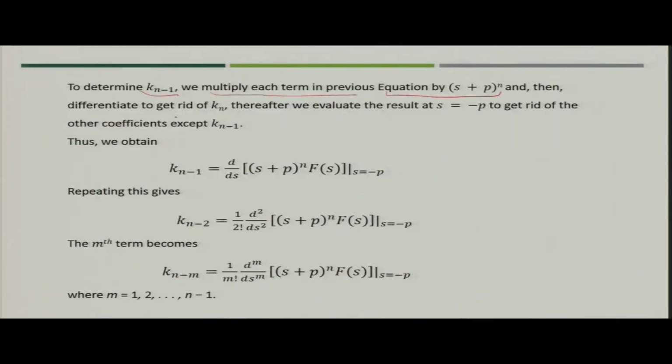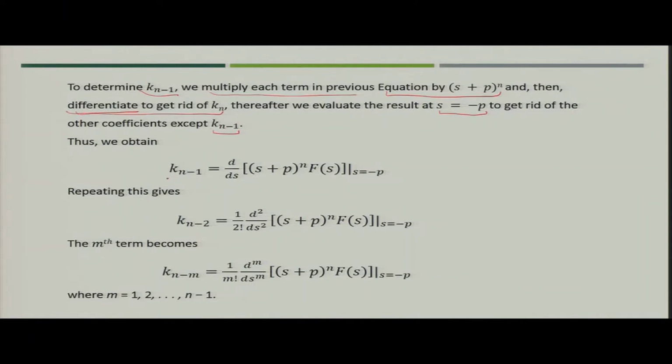We can get rid of K_n if we differentiate the whole expression. We first multiply by (s plus p) to the power n and then differentiate the whole expression to get rid of K_n. Finally, you put s equals minus p in the final expression and you will simply get the value of K_(n minus 1).